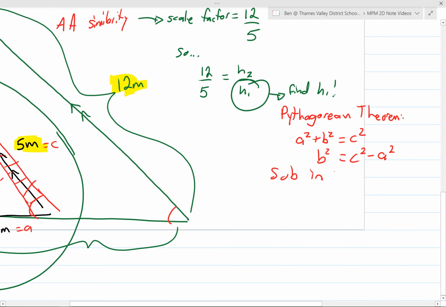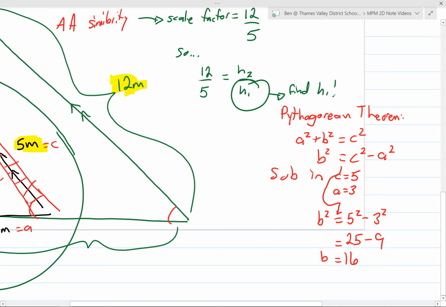That is c equals 5 and a equals 3. So b squared, that's still my unknown, equals 5 squared minus 3 squared. 5 squared is 25, minus 3 squared, that's 9. That is b squared equals 16.